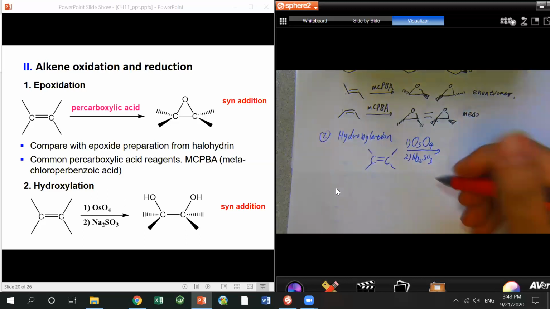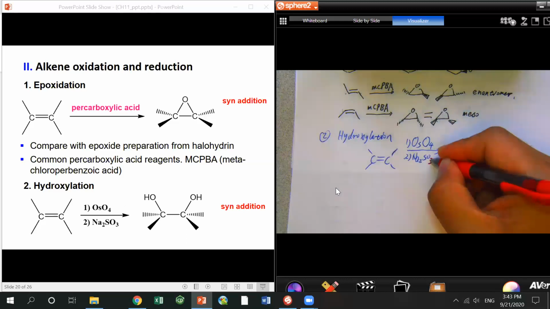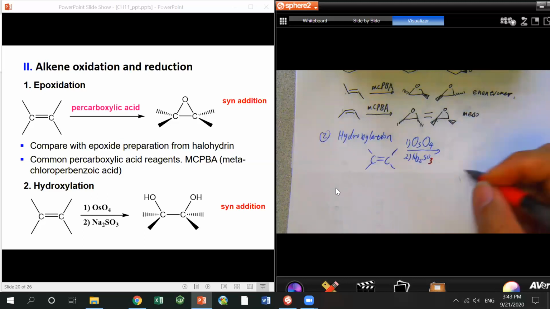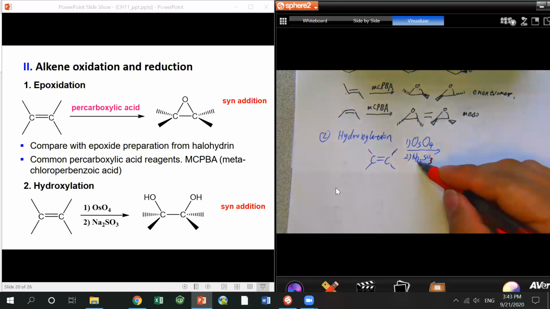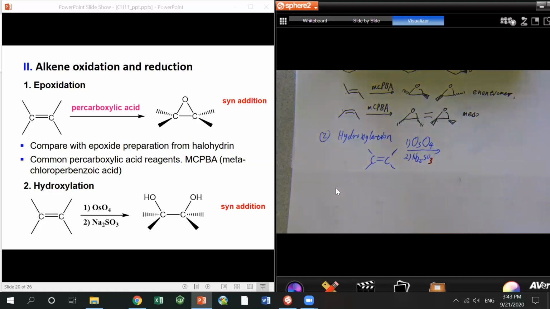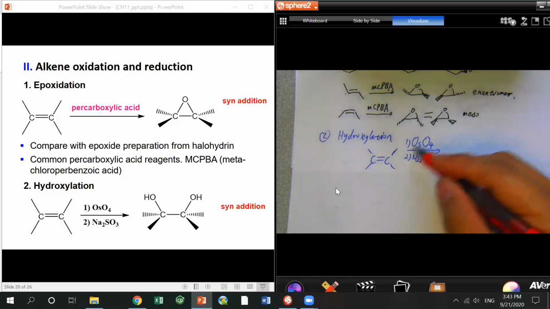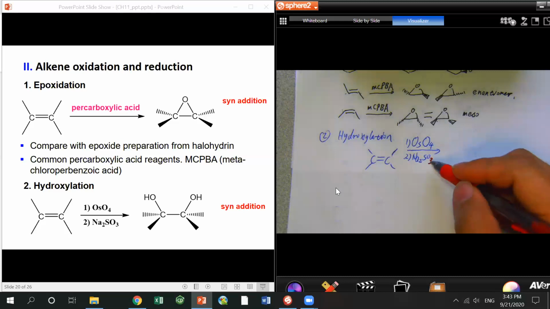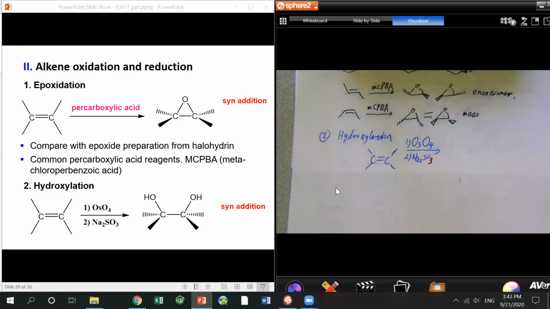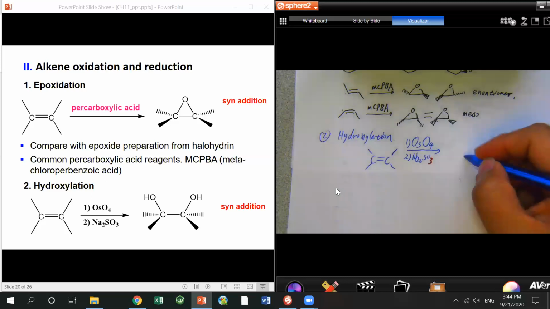So Na2SO3, not SO4; SO4 does nothing. SO3 reduces the first intermediate into the final product, so this is the reducing reagent. After the reaction, you generate a diol.